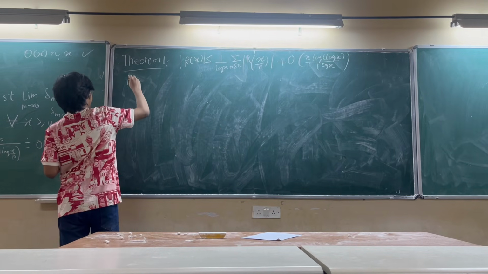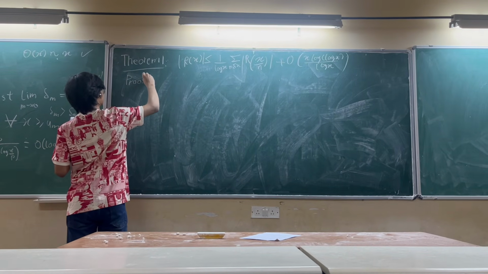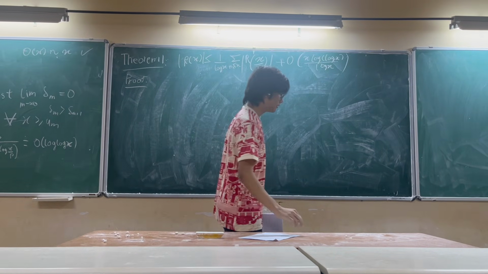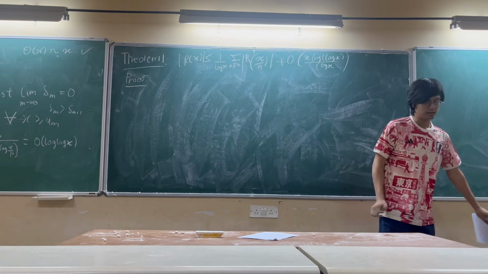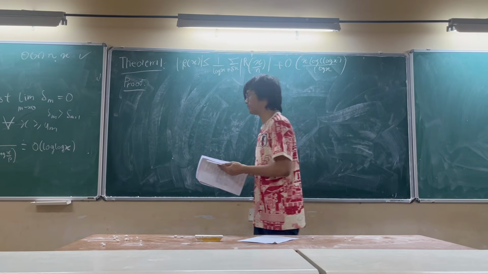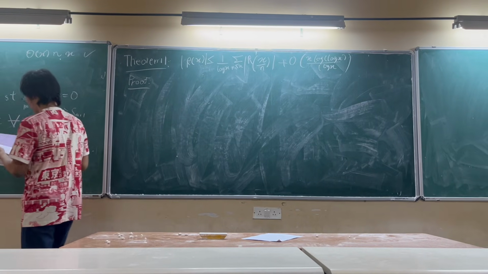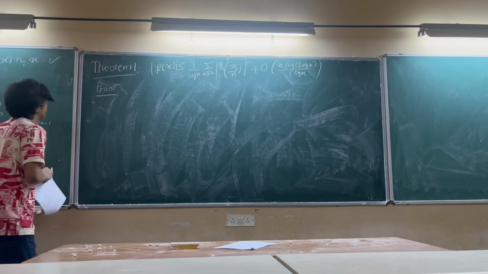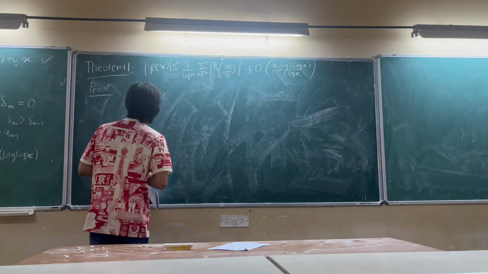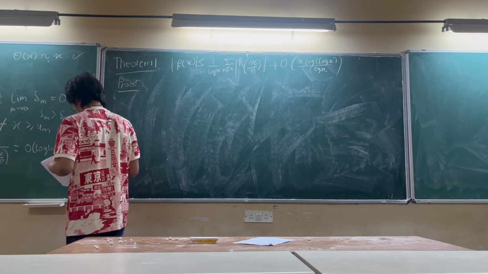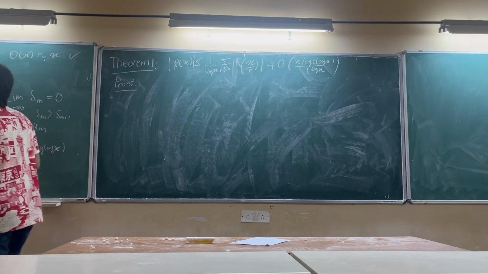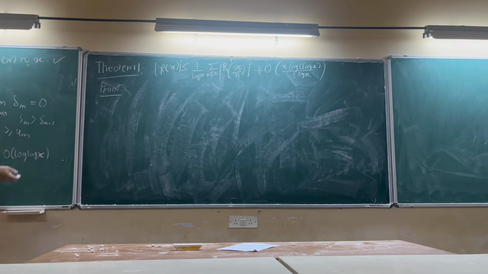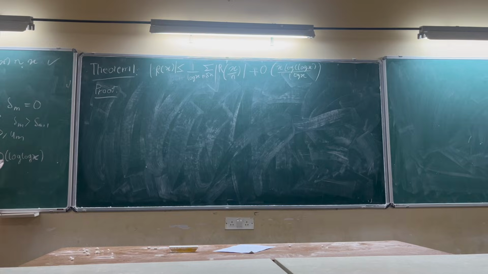So for proving this, it involves using Selberg's formula. Remember, the second Selberg formula told us that there is a relation between theta and the function 2x log x plus something of the order of x.